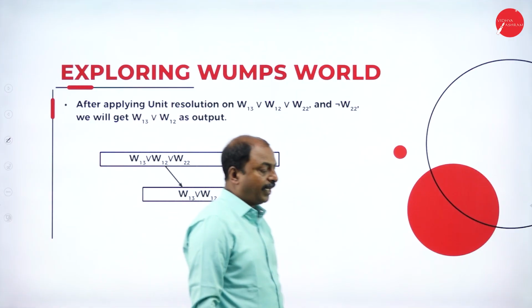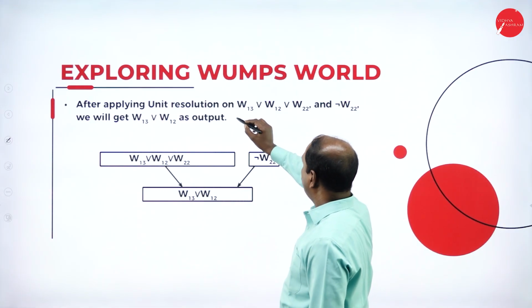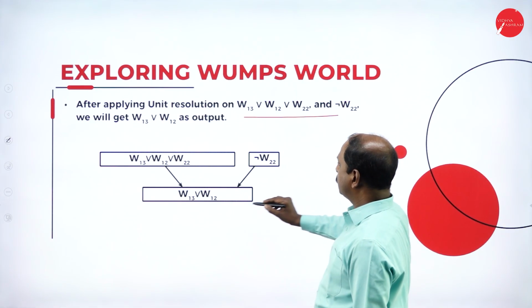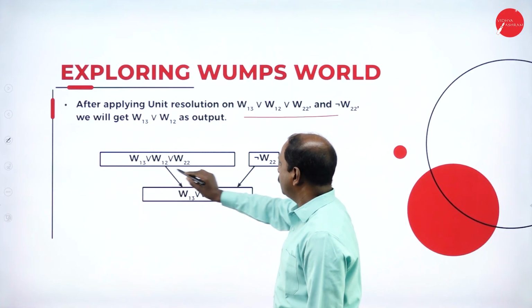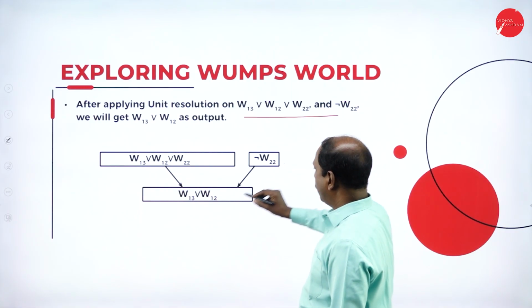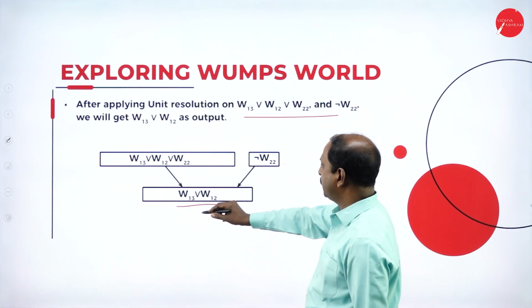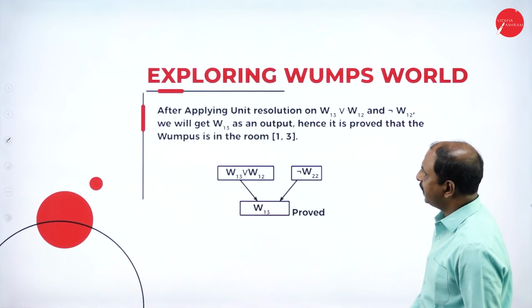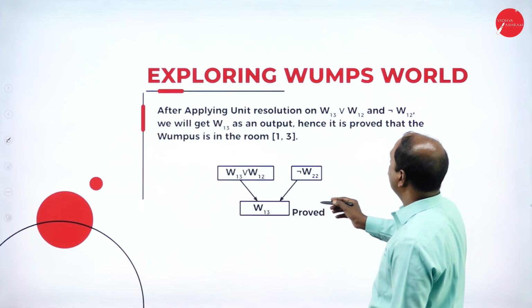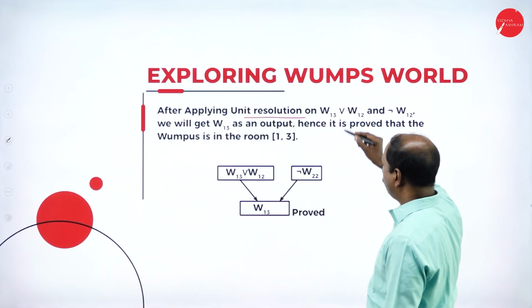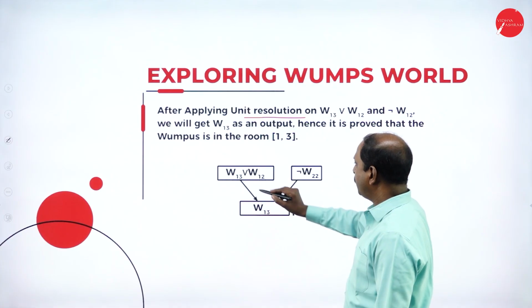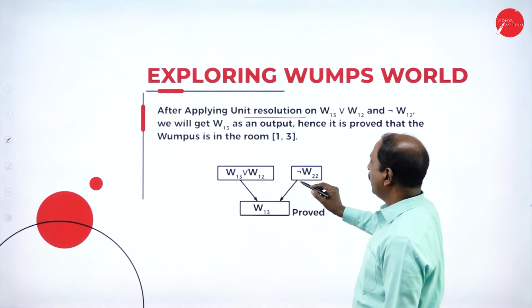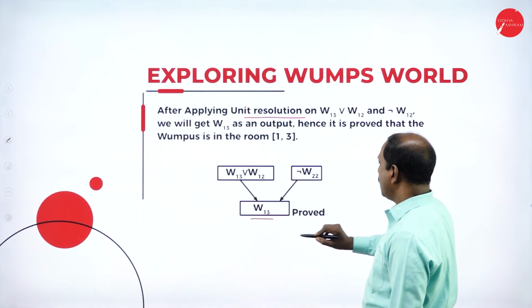Again, after applying the resolution formula on these variables, we are left with 3 variables and 2,2. We are left with two variables, that is W13 and W12. And in the final step, again applying the unit resolution formula on this, out of these two, we are left with W13.